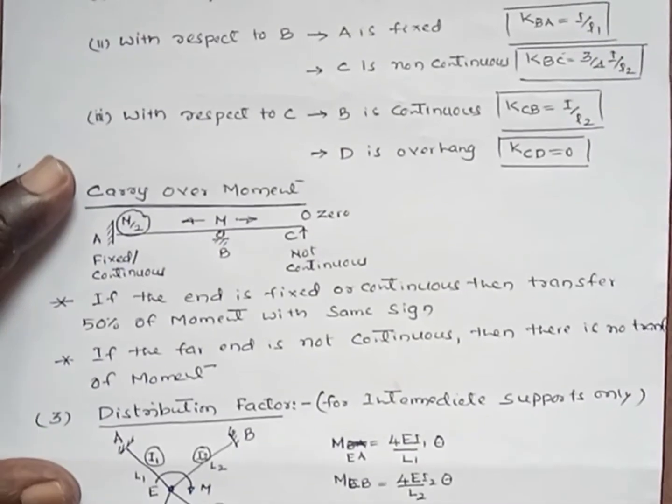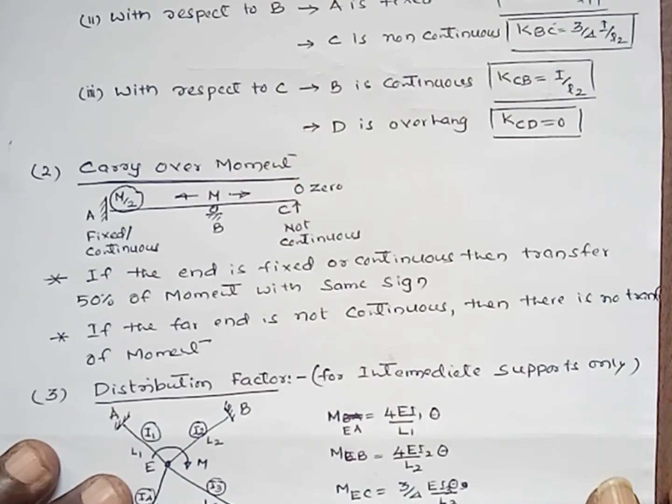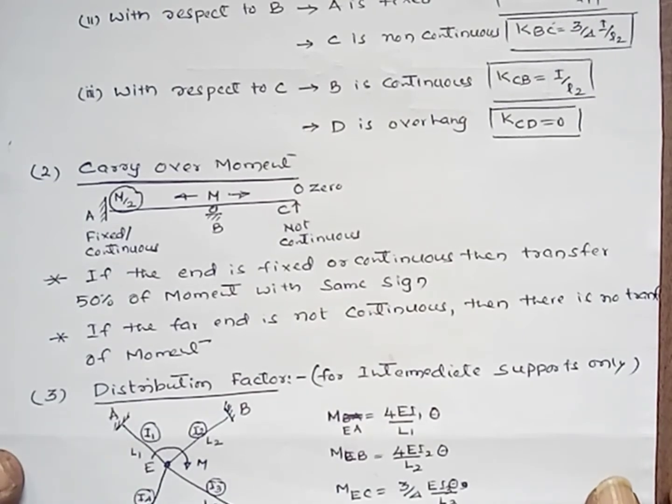Next, third one is the distribution factor. If there is any unbalanced moment, we have to distribute it at the joint. If the unbalanced moment is M, you have to distribute it among the members meeting at that joint.